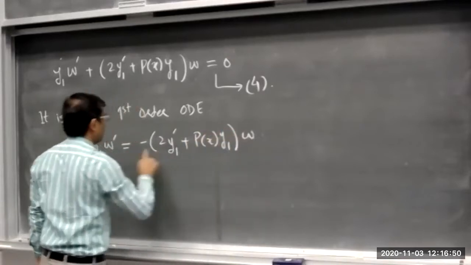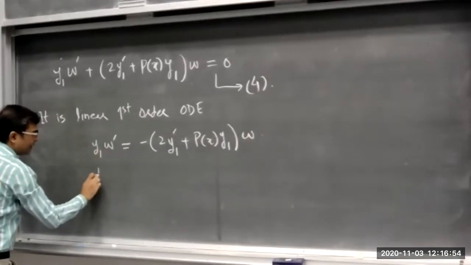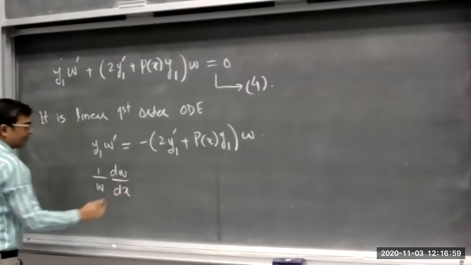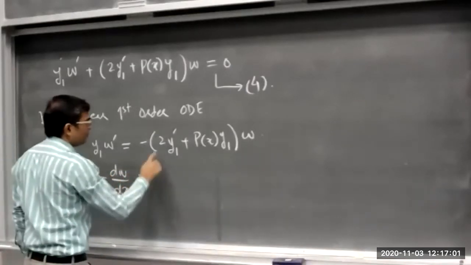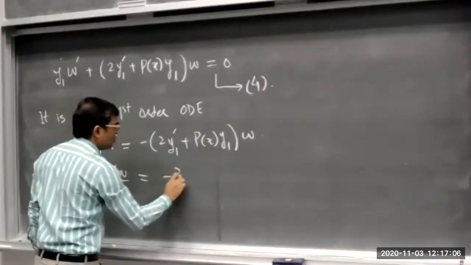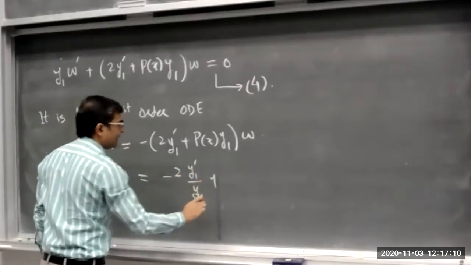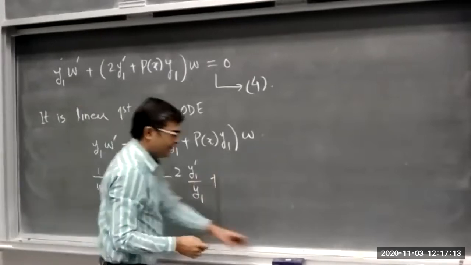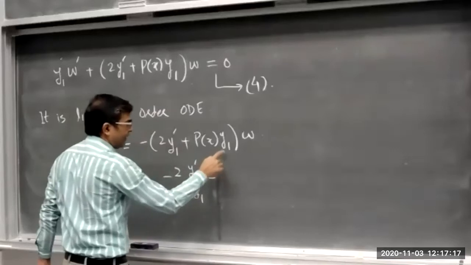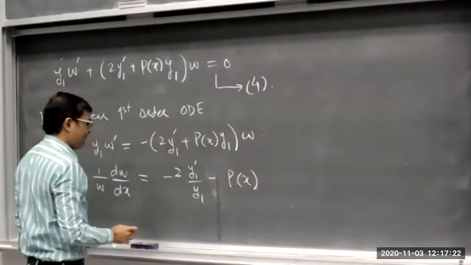So divide w on this side, and divide y1 on the other side. So what do we get here? 1 over w dw by dx is equal to, dividing by y1, negative 2 y1 dash divided by y1 minus, y1 cancels here, p of x.